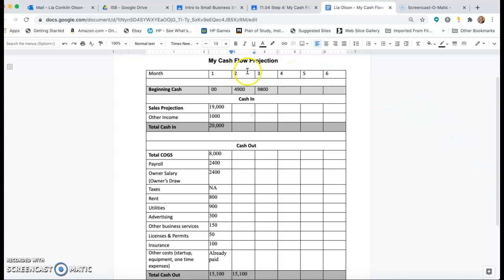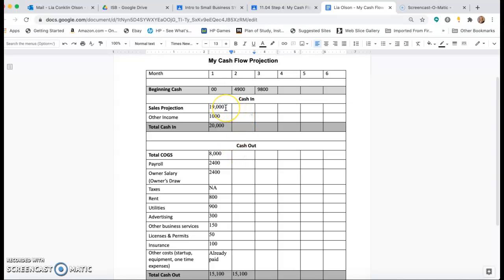So it's called the cash flow projection. Usually you want to do this for a full year to project your income growth. You're starting with a beginning cash flow of 0, and it's divided into 2 categories, just like we did our bookkeeping, where we have cash in and we have cash out.